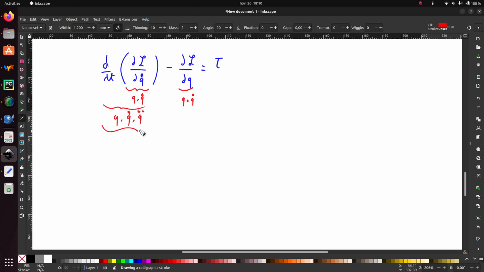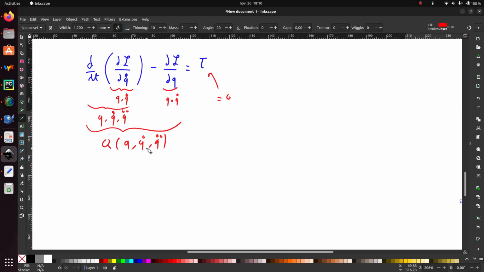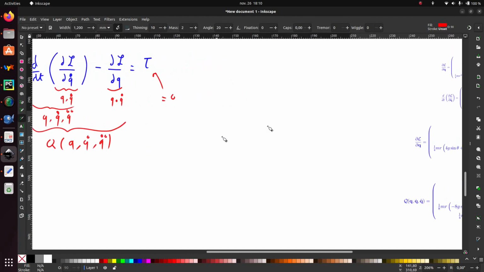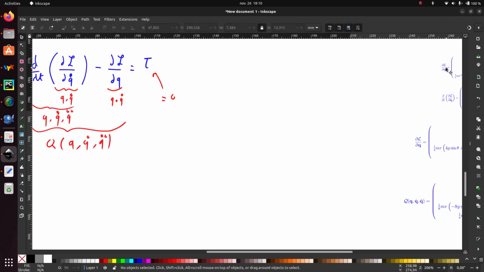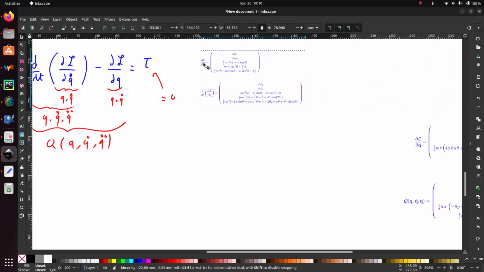So for all this I have to compute an expression. It will depend on q, q dot, and q dot dot. And here, tau, there is no external force to start, so it will be equal to 0. So I just have to find an expression for q dot dot. For this, I compute symbolically, and I will do it later with SymPy.